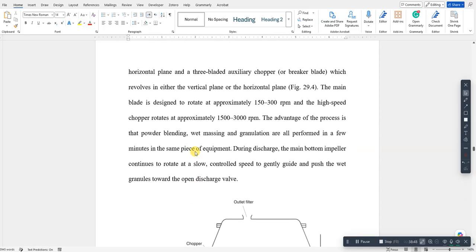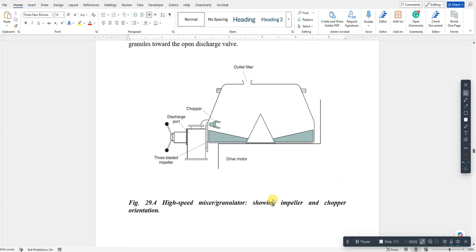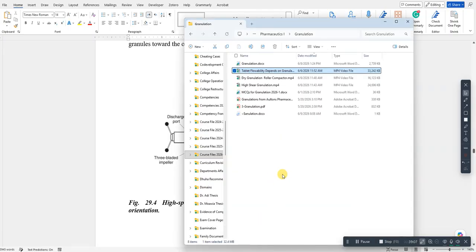The very important equipment is called Diosna mixer or granulator. Diosna is important because this is a famous equipment. This is a trade name. It is a high-speed mixer granulator. Let me just show you this one, high-speed shear granulator, how it works.